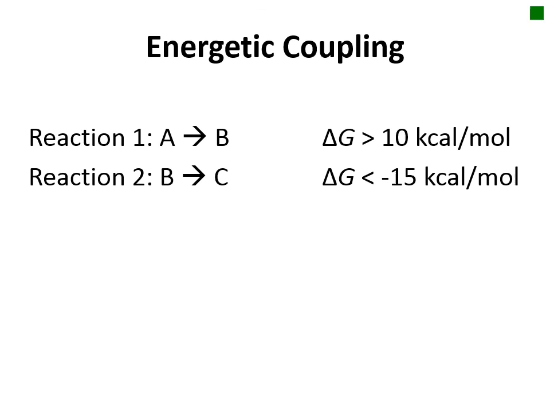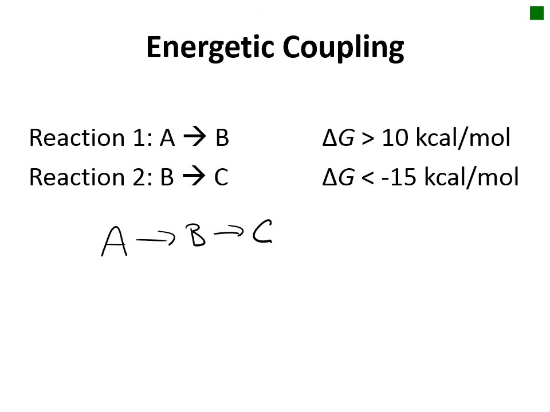There are some important requirements, however. One of the products of the first reaction must be a reactant in the second reaction so that the chemical reactions are tied together. In this example, A is converted to B, which is then converted to C. The other requirement is that the second reaction must produce enough energy to provide all the energy plus extra required for the first reaction.